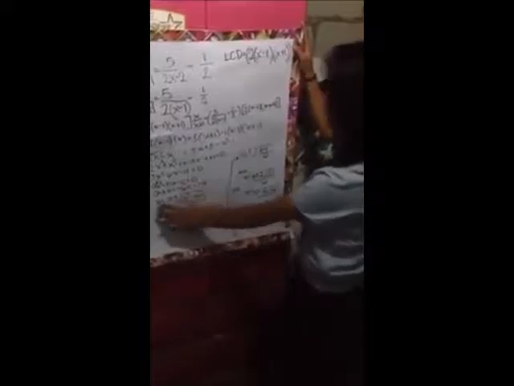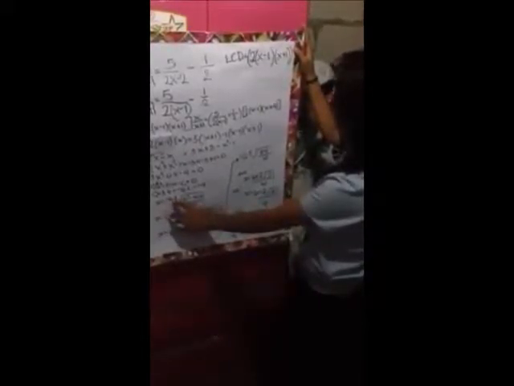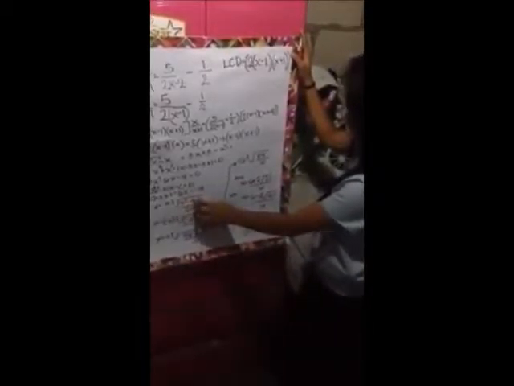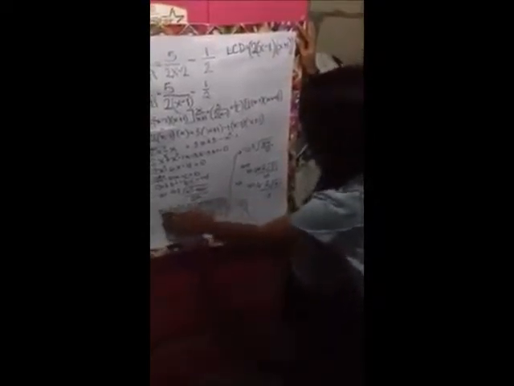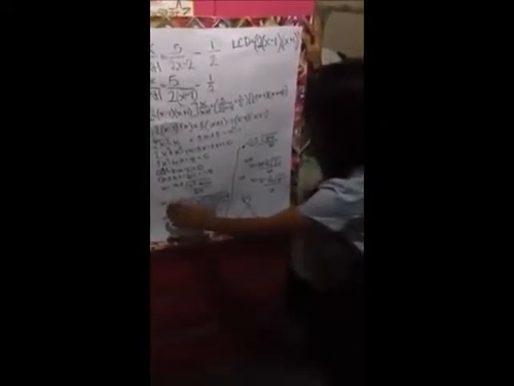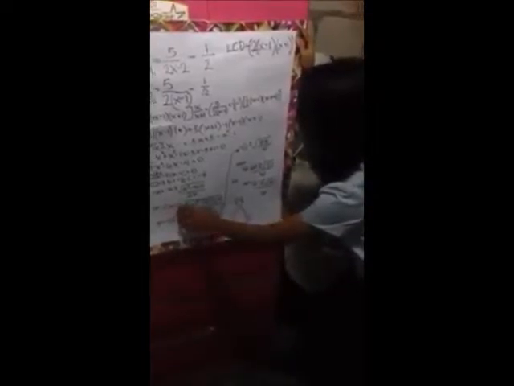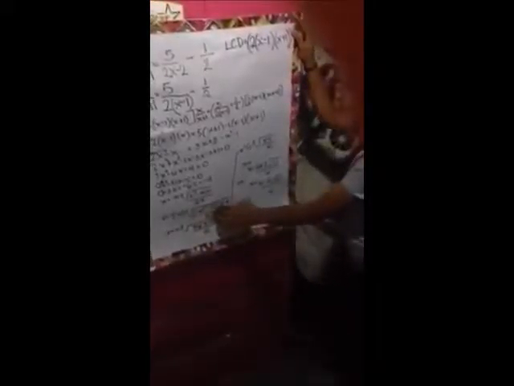Then the answer is x equals negative b plus or minus the square root of b squared minus 4ac, all over 2a. x equals negative negative 6 plus or minus the square root of negative 6 squared minus 4. 6 times 6 is 36. 4 times 3 is 12, times 4 is 48, over 6.